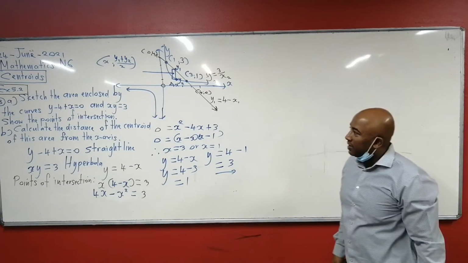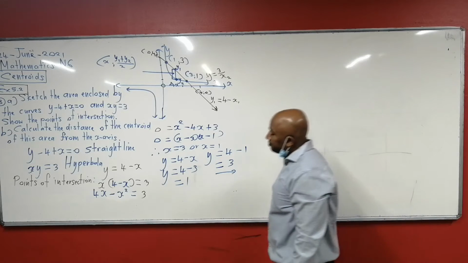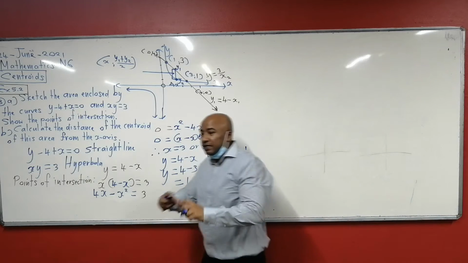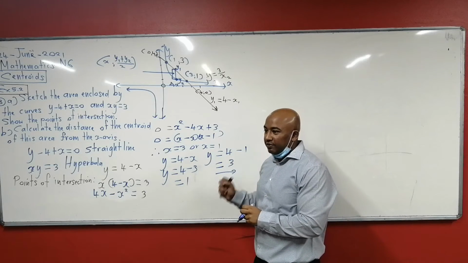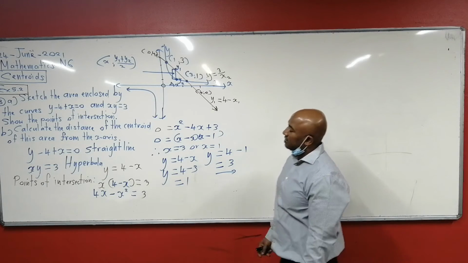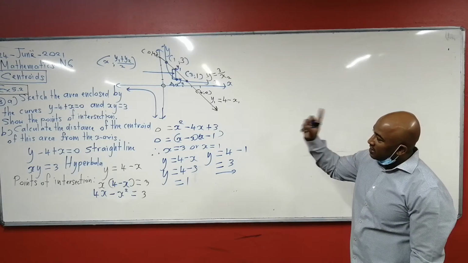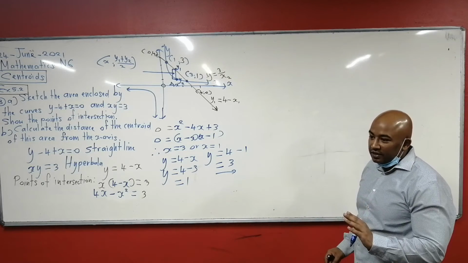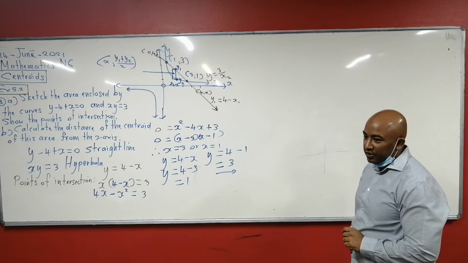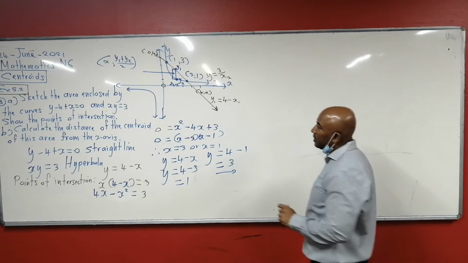So that is how we label it. Now, if it was the other way around, it would be x1 plus x2 over 2. But we're going to deal with this one. Once that is sorted out, you are ready to work out the area and the centroid. So that is the first one.